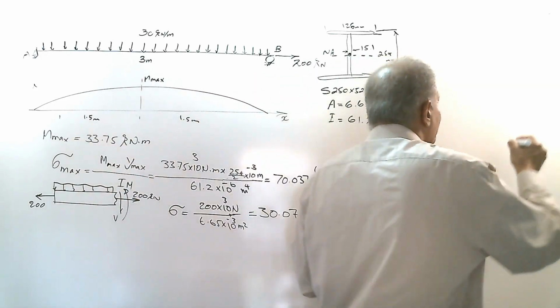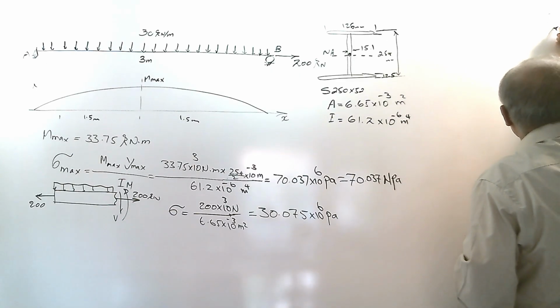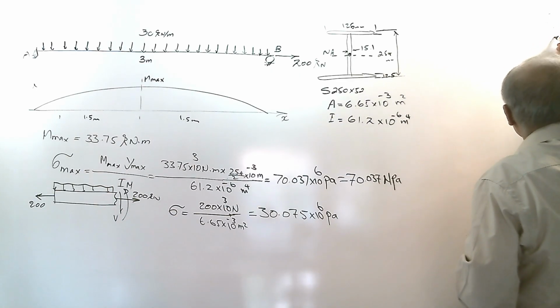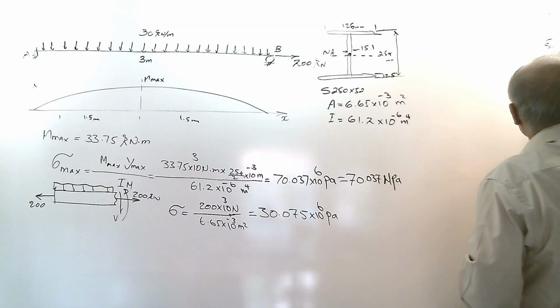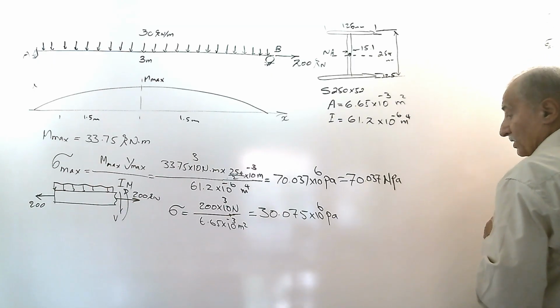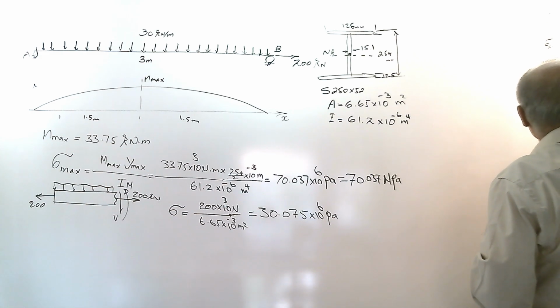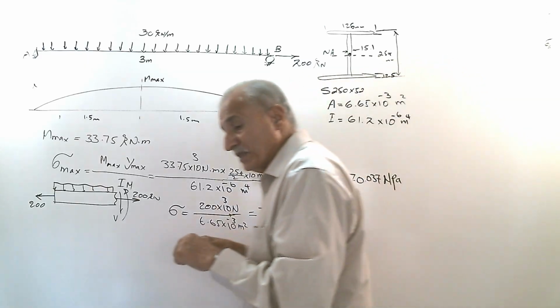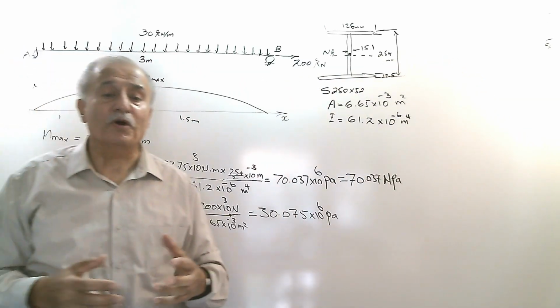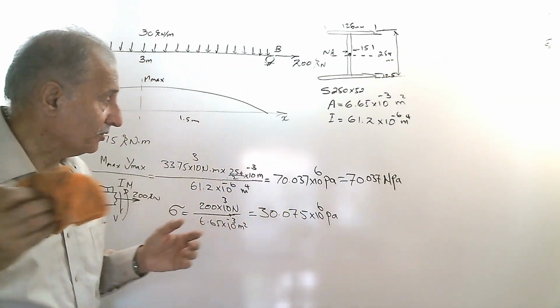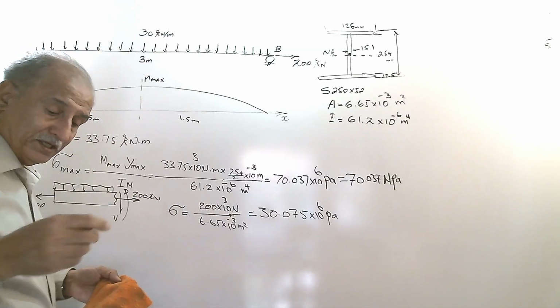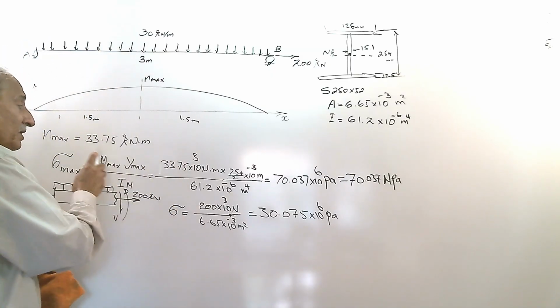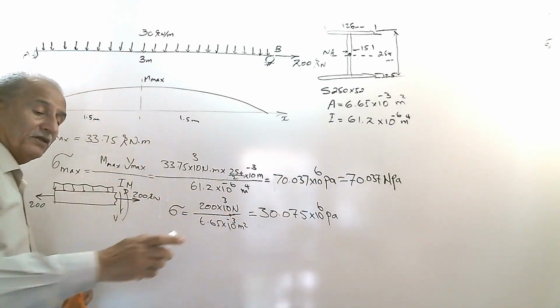Or I can write that sigma, this is due to bending, this is due to axial load, 30.075 megapascal. The story starts here. I have these two types of stress inside the material. How I calculate it belongs to the previous courses that I showed you.